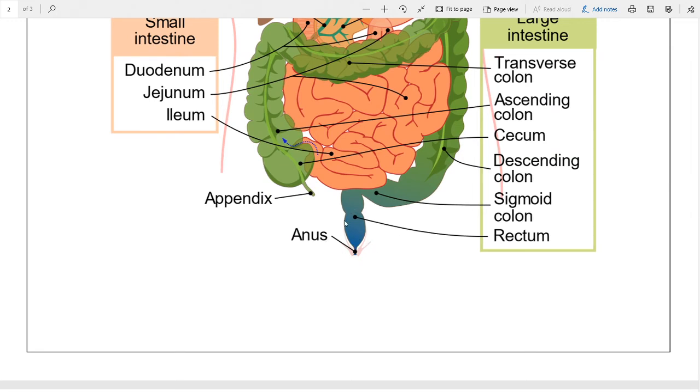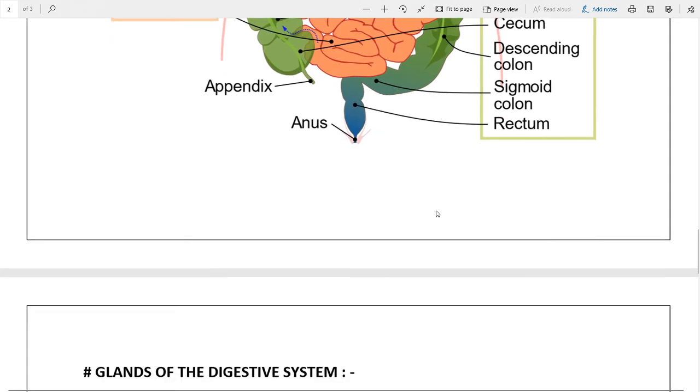This anus is controlled by the sphincters, which are the muscular structures which control the excretion of waste material from our body. Waste material, whatever is collected from all the digested food, is collected in the rectum, and it gets released from our body through the anus.